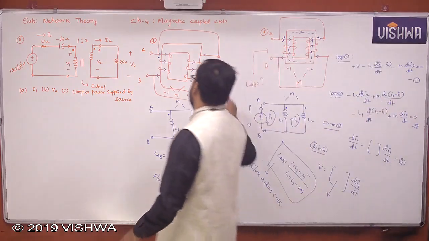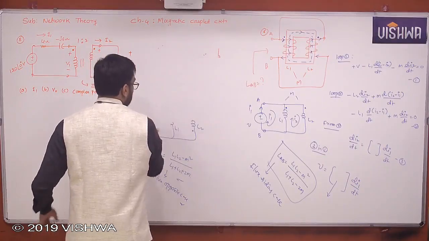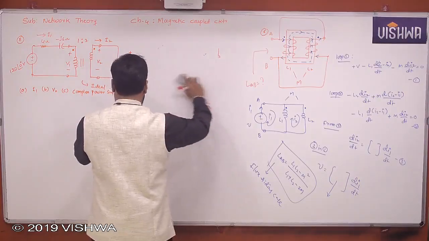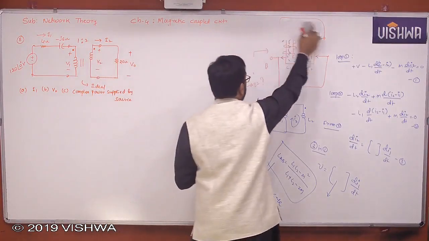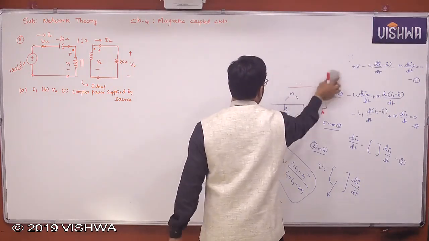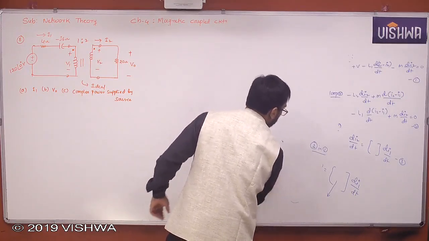See, this problem can be tackled in two different ways. When ideal transformer is given, generally we have a standard procedure I explained in the last session, that you just convert the network from primary to secondary or secondary to primary. So when you refer secondary towards primary, what are the formulas we have discussed already?